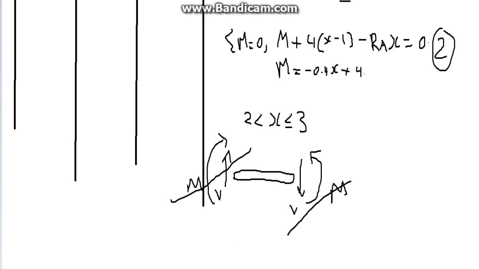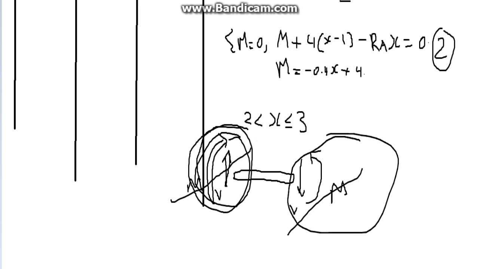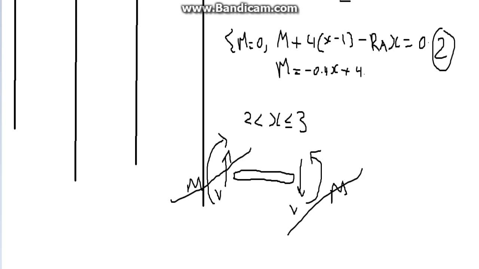This cancels with that. Keep that in mind when you're doing this, okay? When you're doing forces and moments in this direction, what would it have to be here to cancel here? So obviously, opposite. Duh. It's simple.